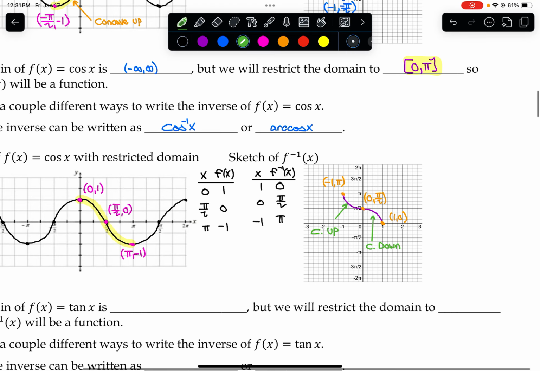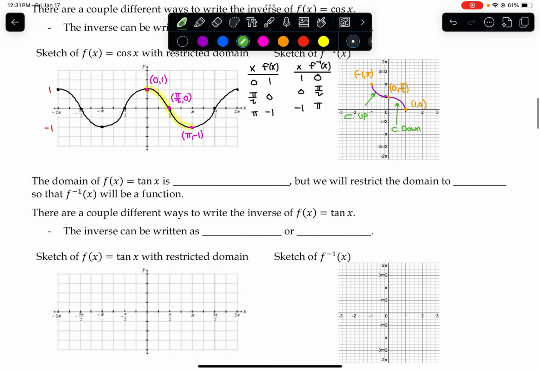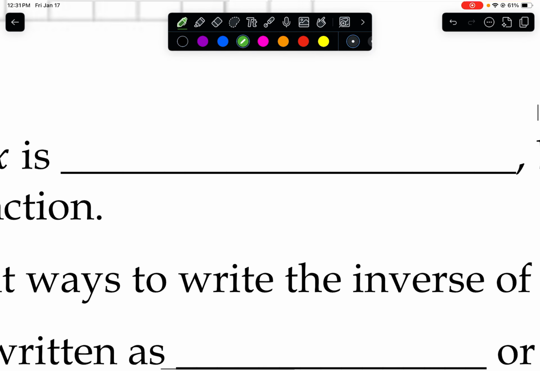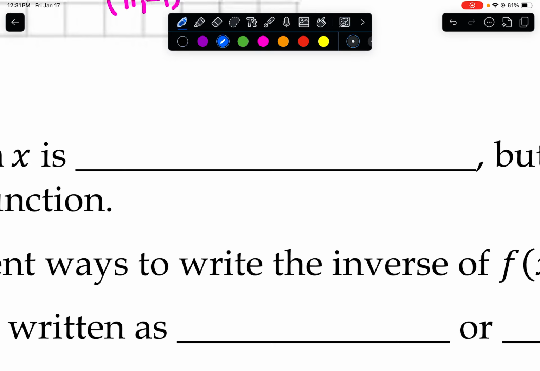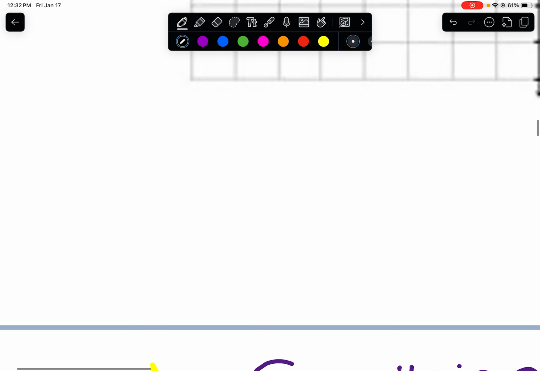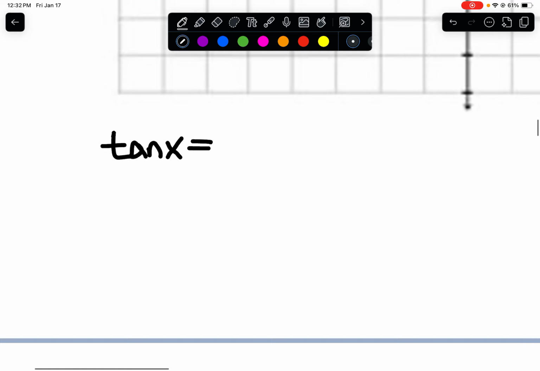Okay. All right, and now for the next part, we're going to look at tangent. So let's walk through it. To find your domain for tangent, I'm going to expand it a little bit. So tangent is the same as sine over cosine.